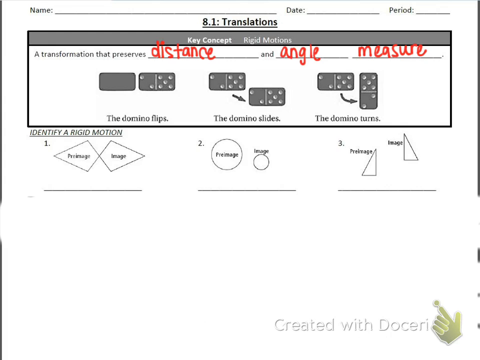Basically, a rigid motion is a transformation that does not change the size or the shape of whatever your pre-image is.